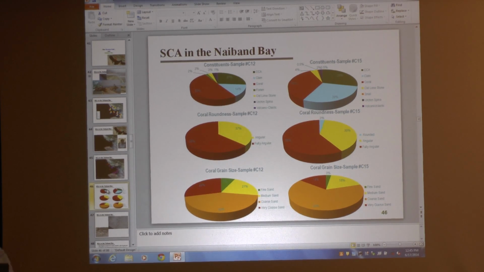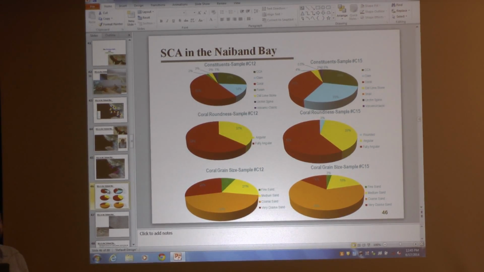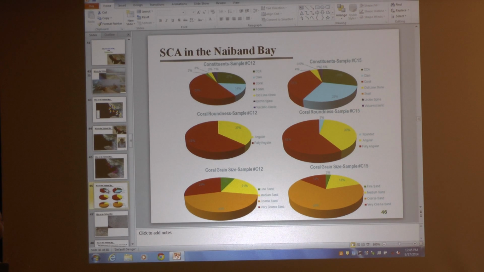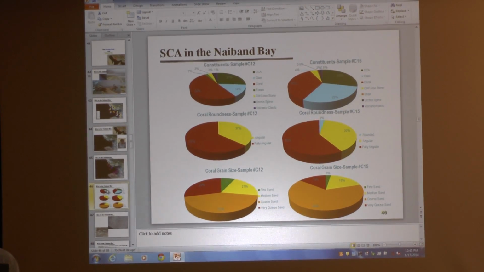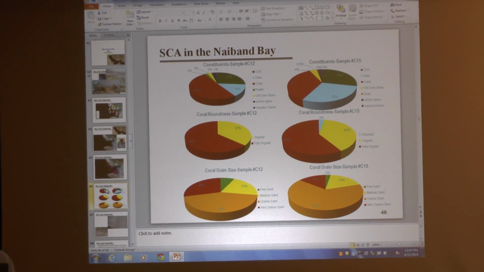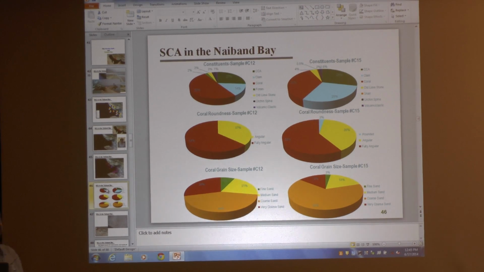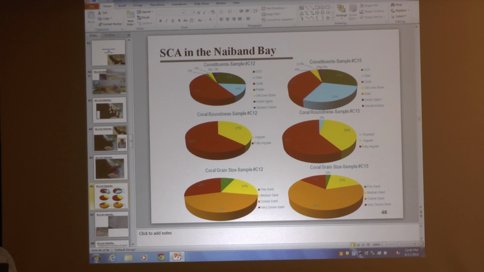And we considered the roundness of the grains. The angularity of the grains was increased. It means that the grains are not rounded anymore.